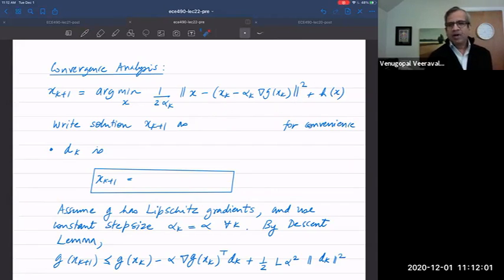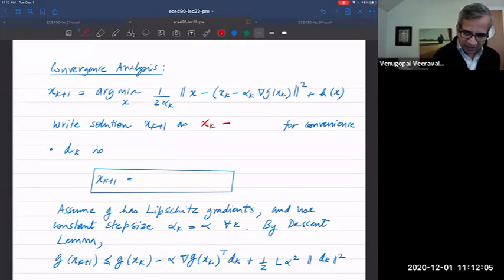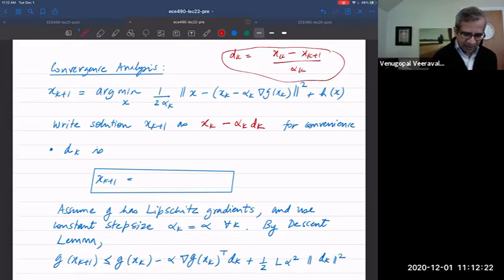I can always write it as xk minus alpha k dk, where dk is xk minus the solution xk plus 1 that you just found, divided by alpha k. So if you set dk like this, then I can write the solution xk plus 1 as xk minus alpha k dk.